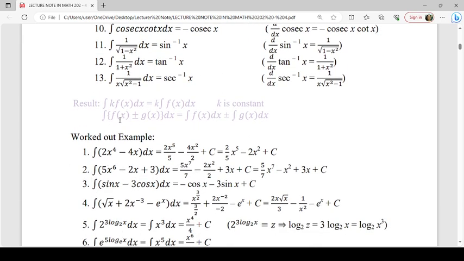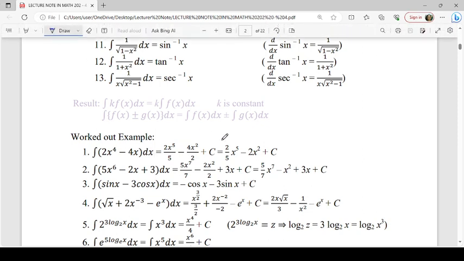And these results are applied with addition and subtraction. If we say 2x to the power 4 as f(x) and 4x as g(x), then consider the integration of 2x to the power 4 dx.